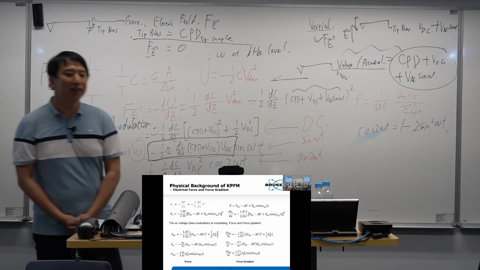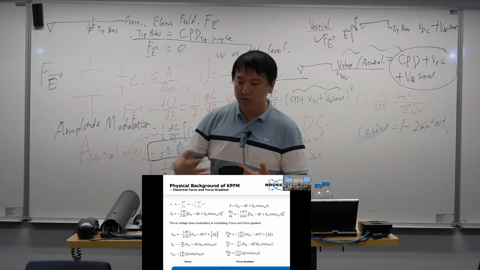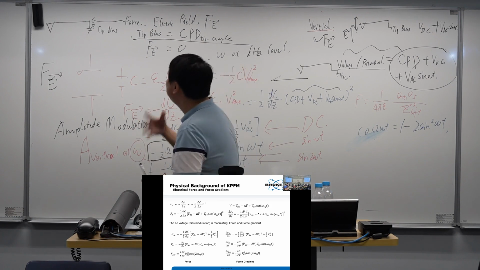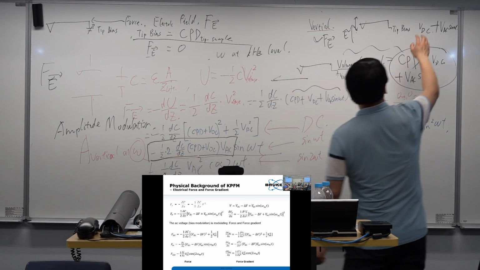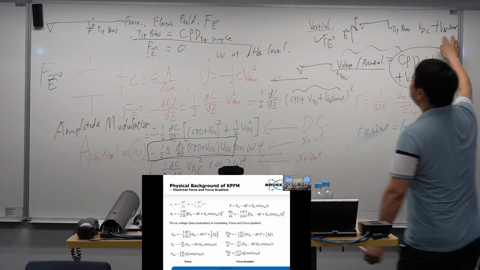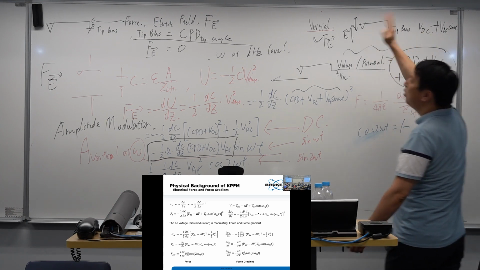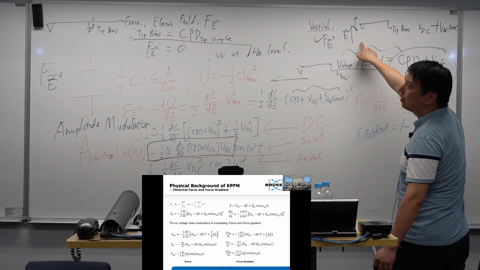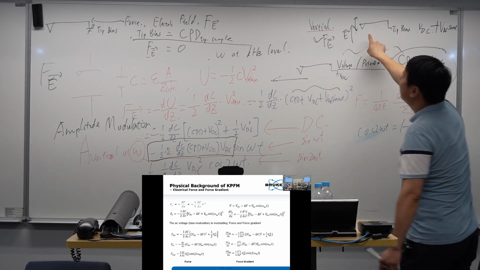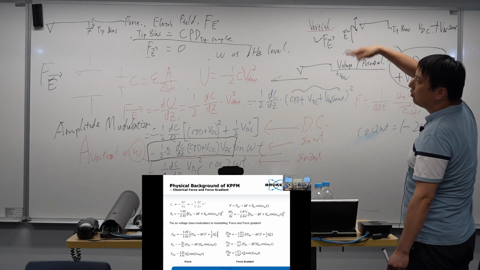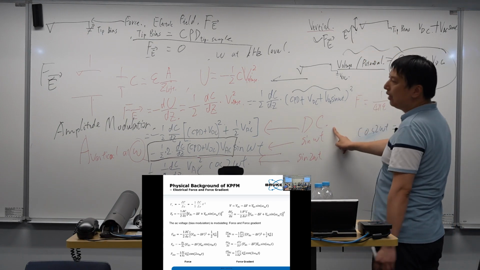Okay, so once you do the experiments, you apply an AC voltage on the tip, and then the tip will sense an AC field, and we detect the amplitude of the vertical value at omega.